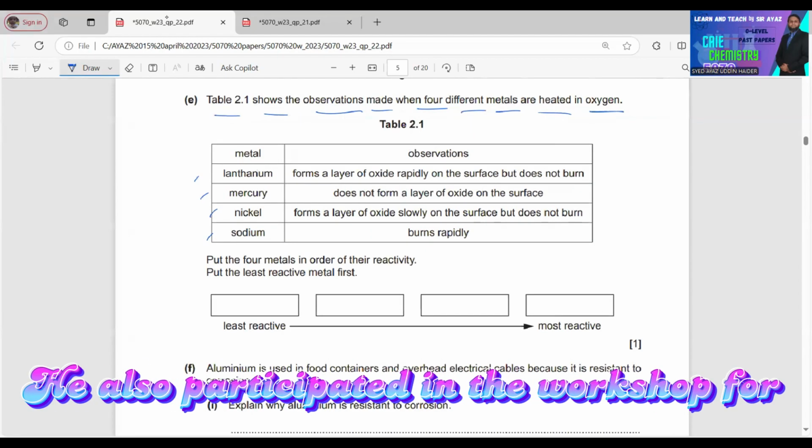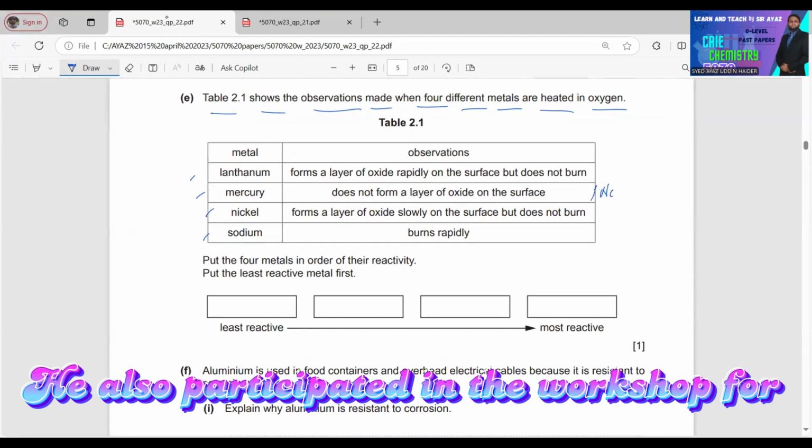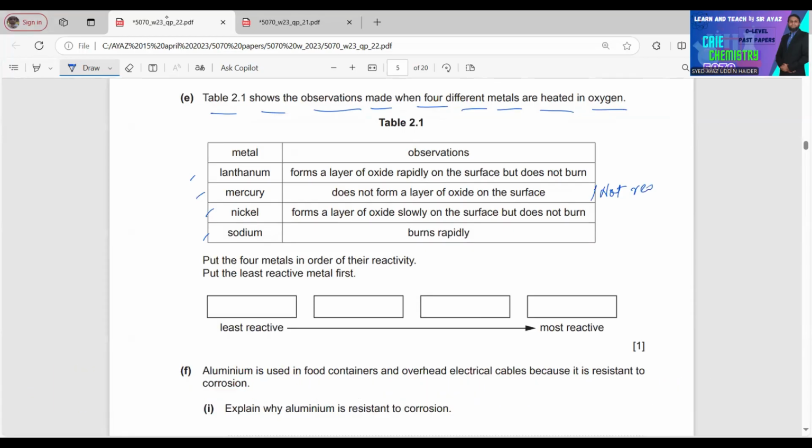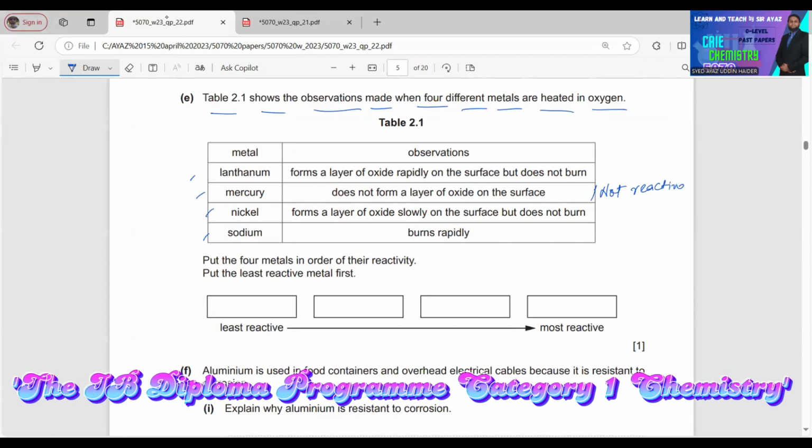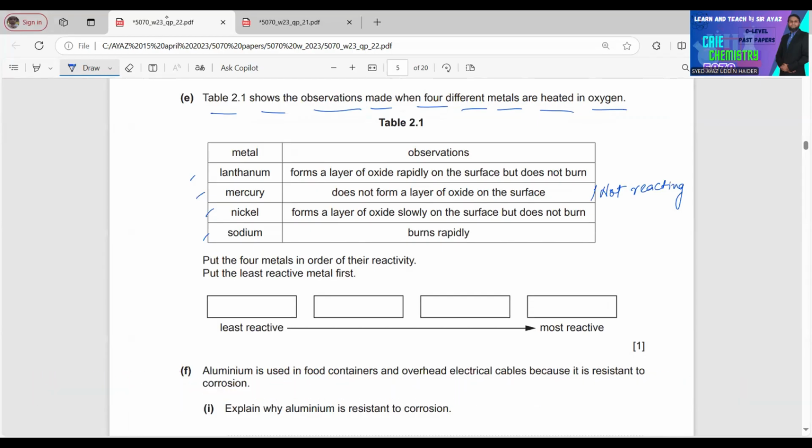Nickel forms a layer of oxide slowly on the surface but does not burn. Sodium burns rapidly. Put the 4 metals in order of their reactivity. Put the least reactive metal first.